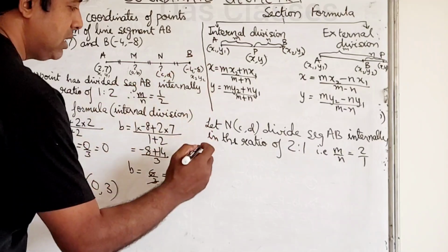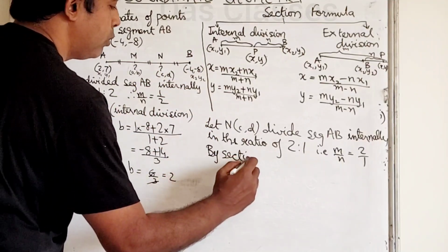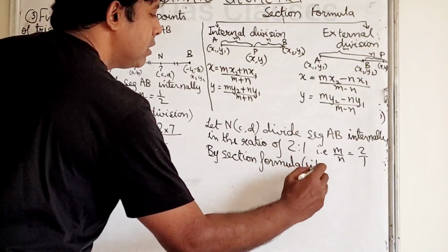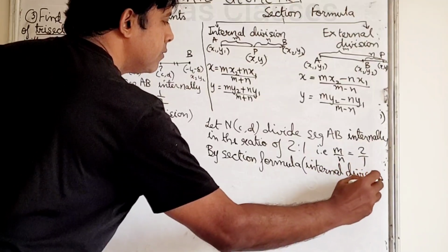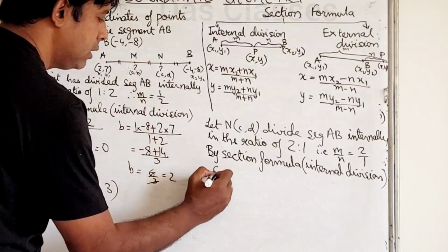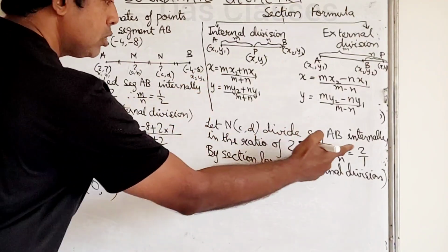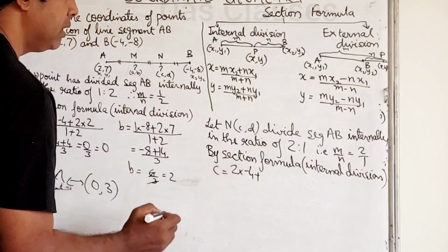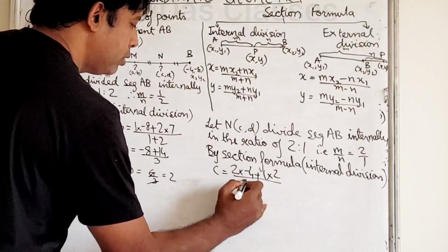Now again we'll use the section formula. By section formula, internal division, you just have to write the formula once. We have considered x with the letter c, so c is going to be equal to mx2 plus nx1. Your m is 2 into x2 is -4 plus n is 1 into x1 is 2, upon 2 plus 1.